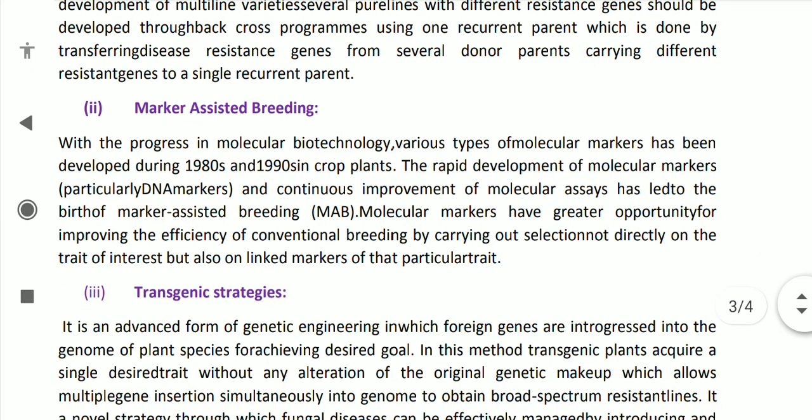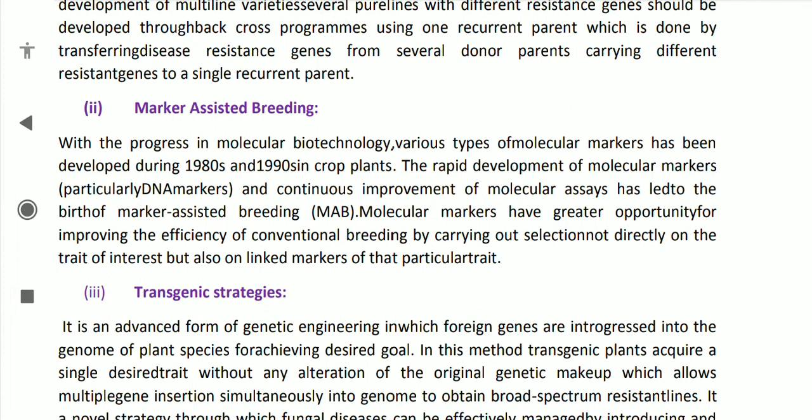Marker assisted breeding. With the progress in molecular biotechnology, various types of molecular markers were developed during the 1980s and 1990s in crop plants. The rapid development of molecular markers, particularly DNA markers, and continuous improvement of molecular assays has led to the birth of marker assisted breeding, MAB.